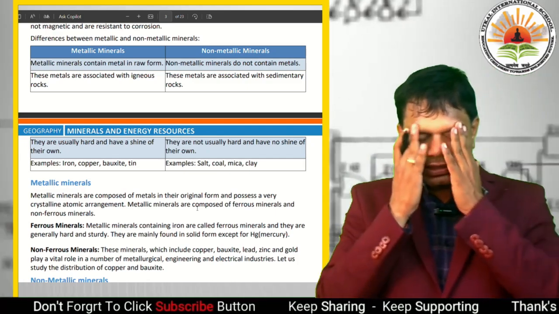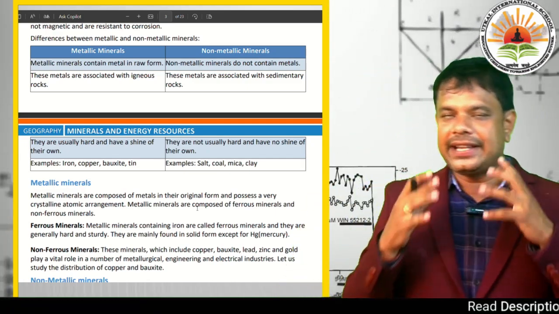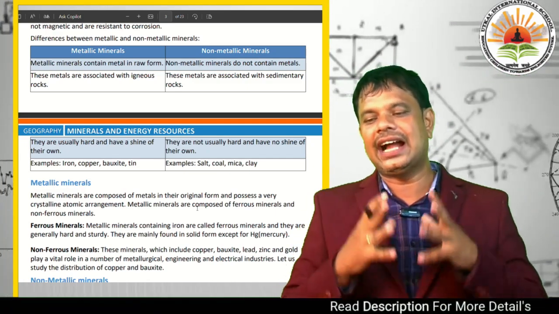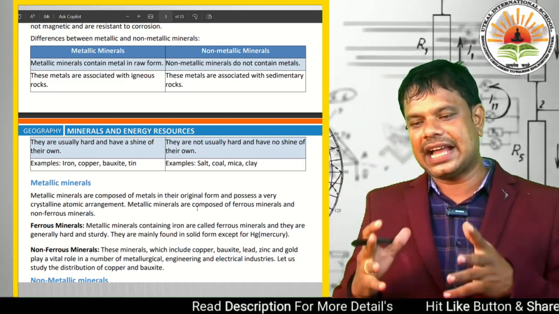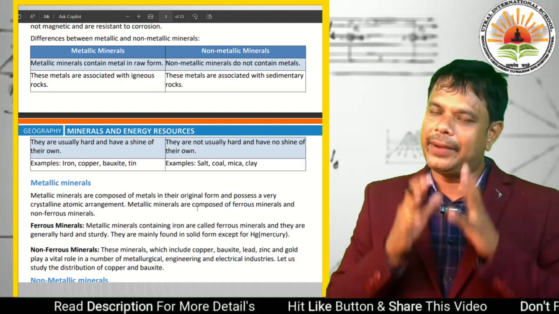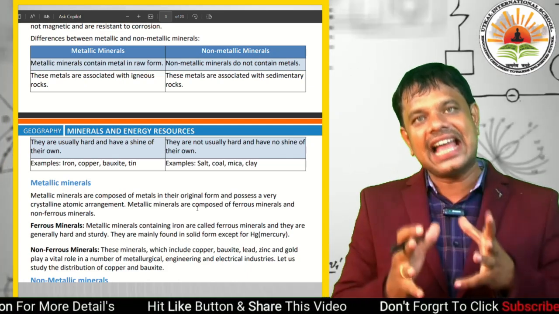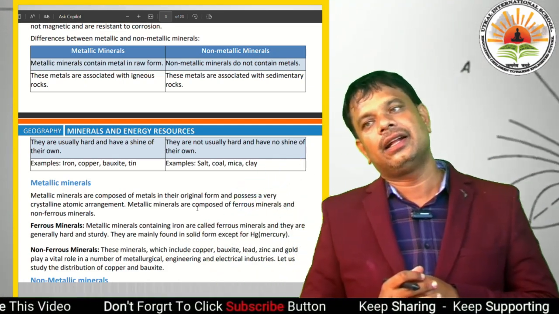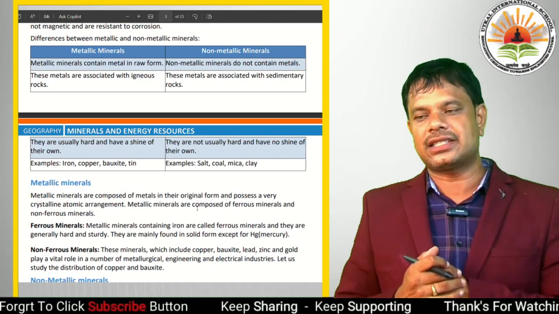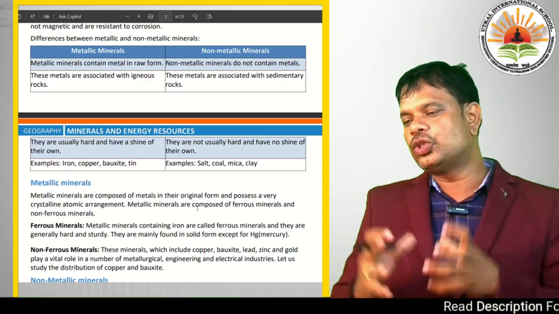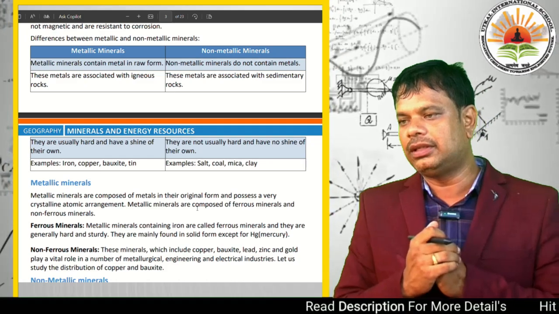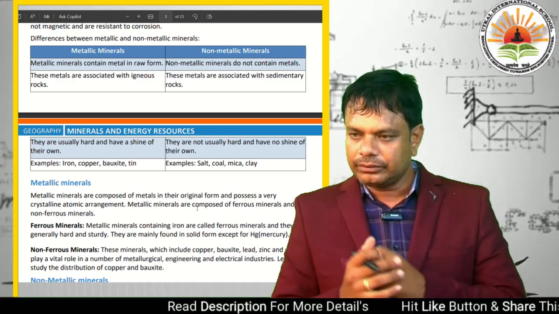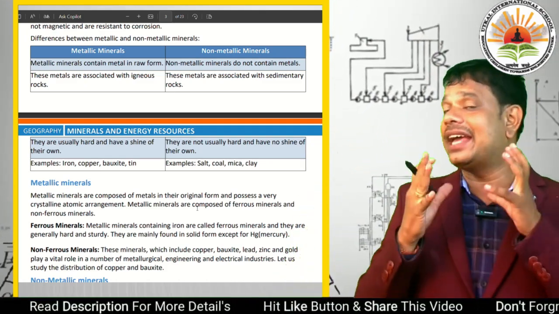And dear students, the metallic minerals are usually hard and have a shine of their own. Metallic material has a shine of its own. But if you go to non-metallic minerals, they are not usually hard, they are in soft form and have no shine of their own.